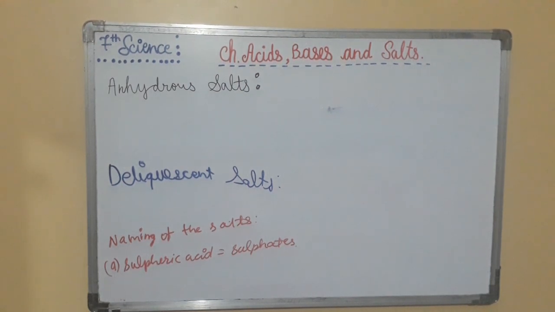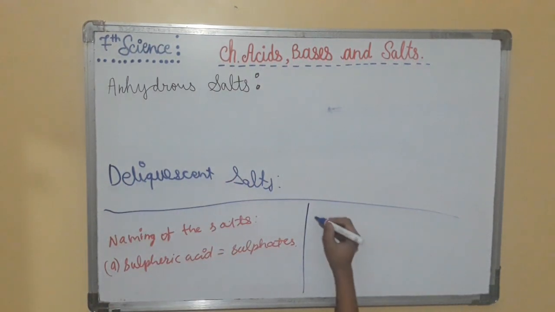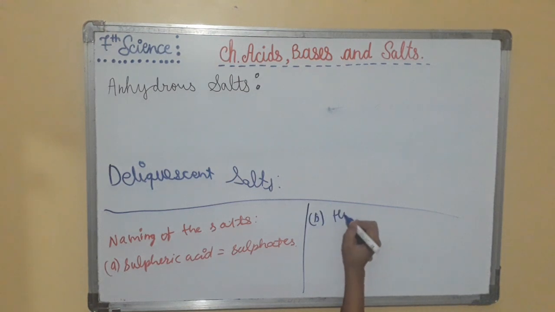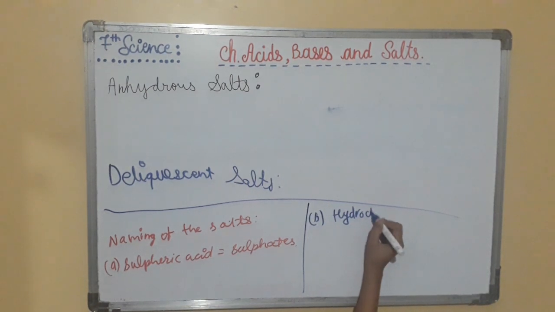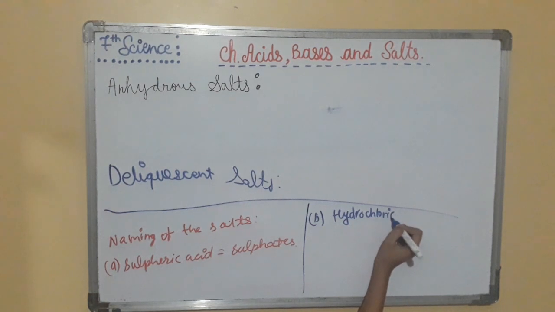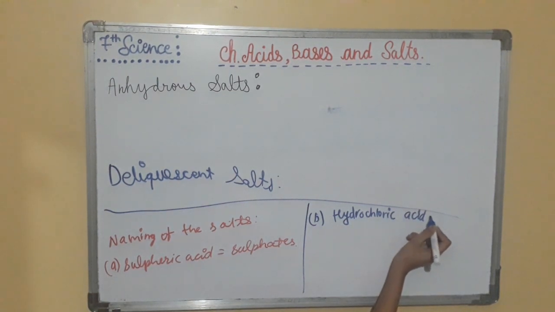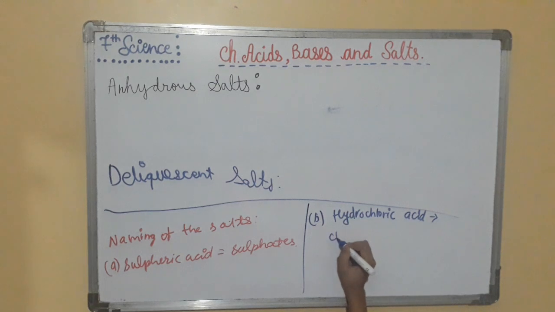B. Salts obtained from hydrochloric acid are called chlorides. Example is potassium chloride, zinc chloride.